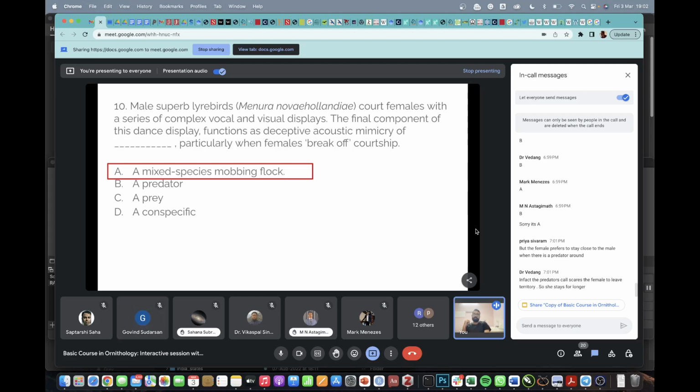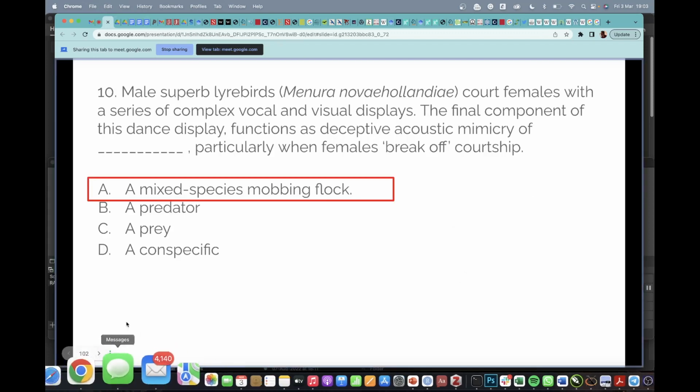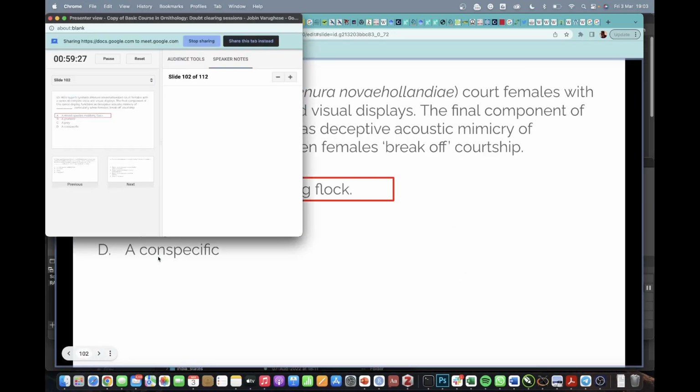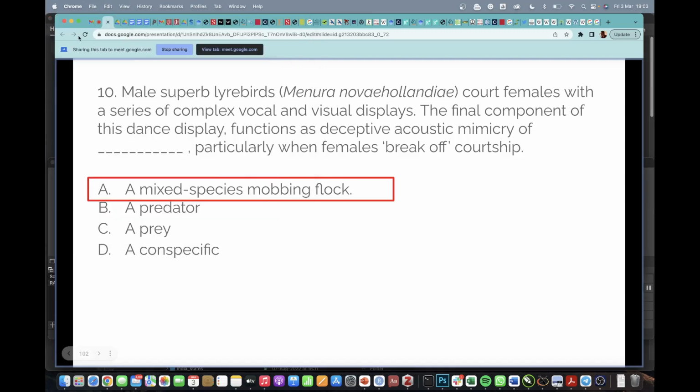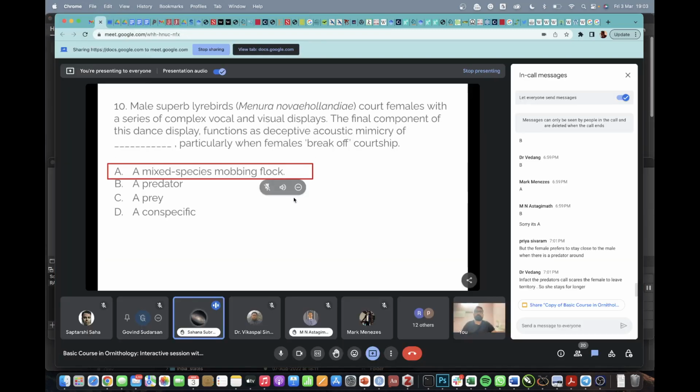I mean, okay, there was an explanation to this. Just a sec. Because the females will be threatened by the other species, and for cover, she might come back to the male again. It's basically tapping into the anti-predatory behavior of the female, trying to avoid the predator.